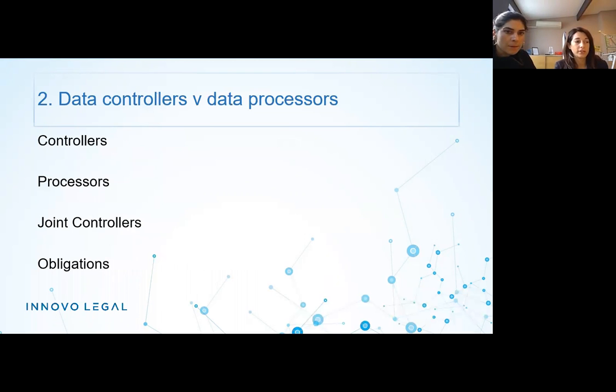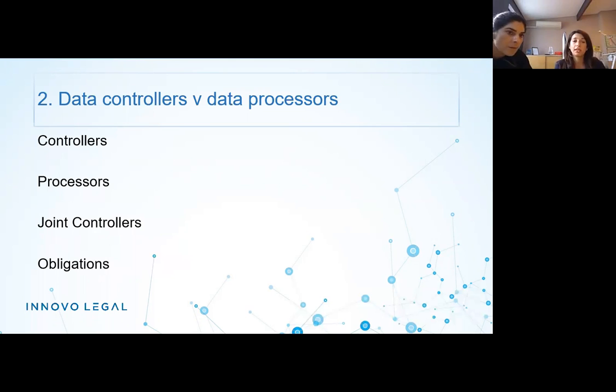So controllers and processors. They both process personal data under the GDPR, but they are distinguished. It's a very basic distinction, but basically the controller controls the purposes and the means of processing of the data. And the processor is merely the person who processes the data.